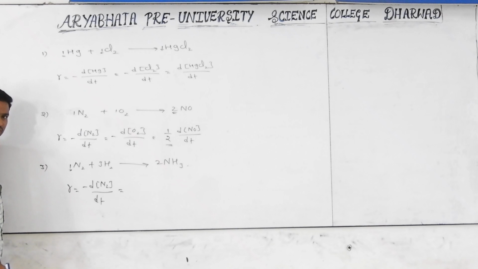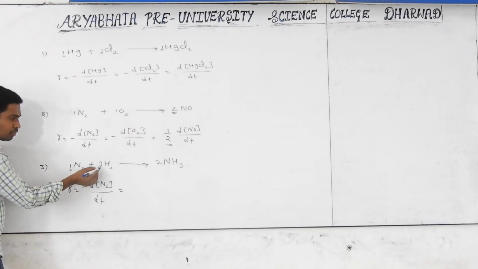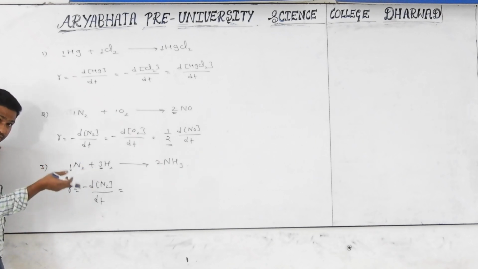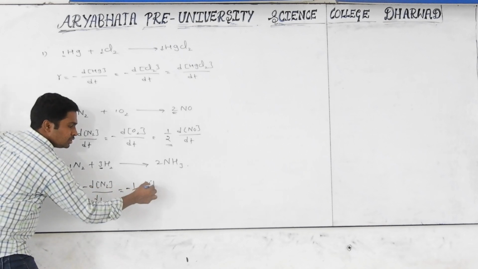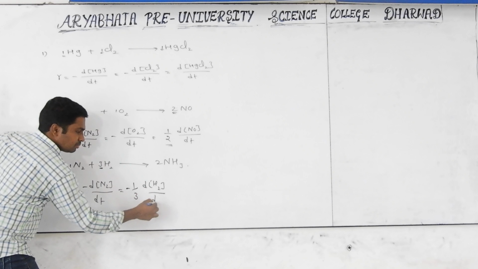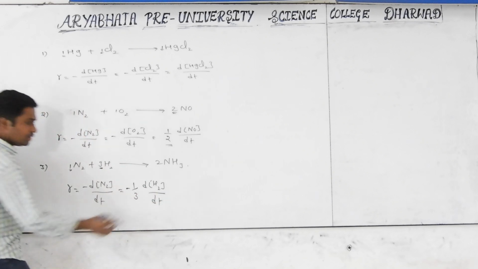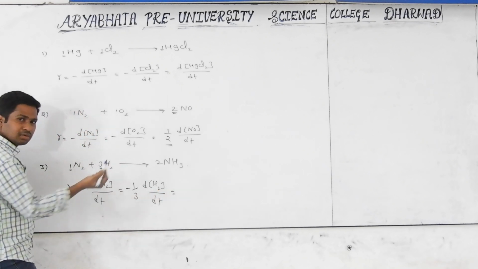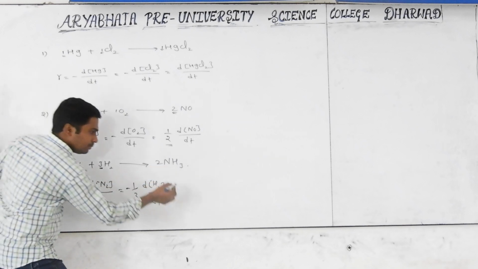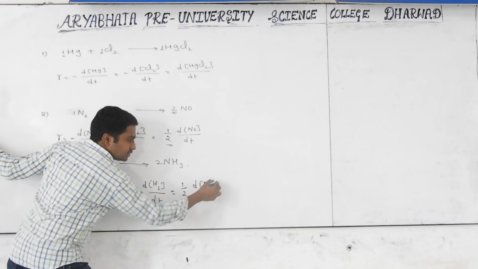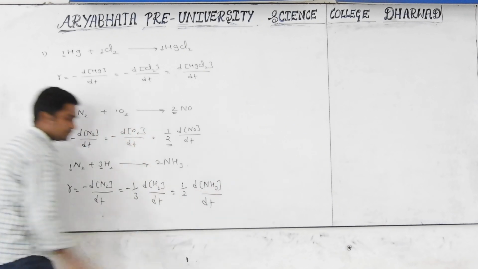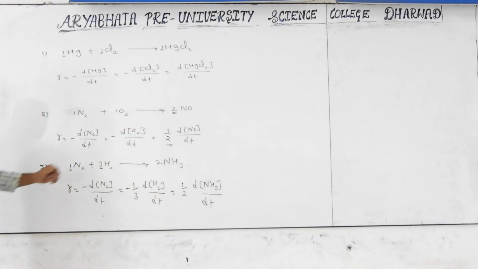But with respect to hydrogen, some change comes because the coefficient is 3, so you have to take it as a reciprocal value: minus of 1 by 3 into change in concentration of hydrogen by time change is equal to, for the product, 2 will become 1 by 2 into change in concentration of NH3 by time change. This is the way of expressing the rate of reaction for unequal coefficients.